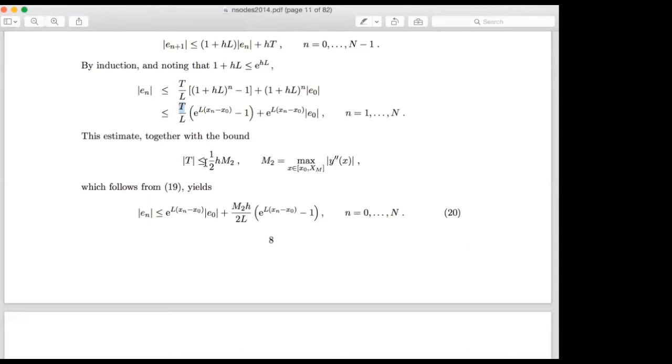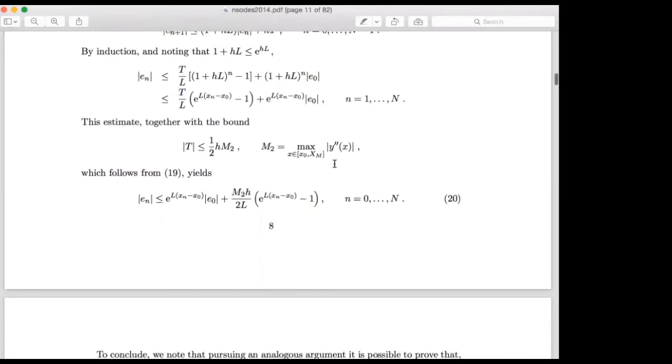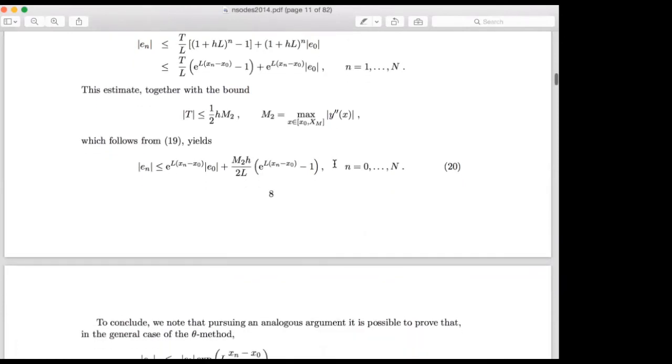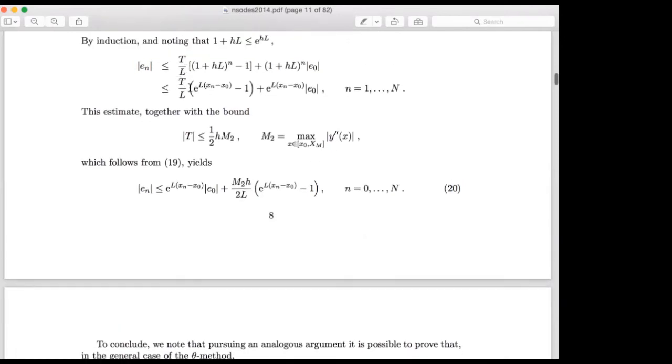So also we have a bound on T, because mod T is less than or equal to 1/2 h M2, where M2 is nothing but the bound, the max of y double prime. So we replace that here. So mod en is less than or equal to e raised to the power L (xn minus x0) mod e0 plus M2 h divided by 2L into e raised to the power L (xn minus x0) minus 1.